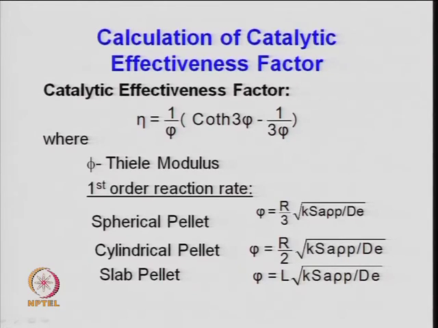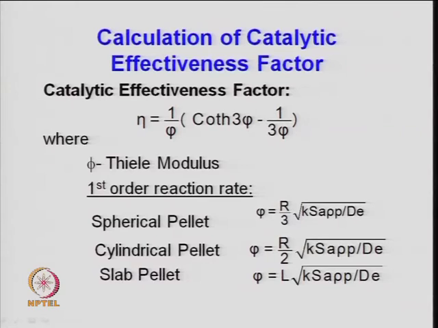Effectiveness factor, because your expression has the effectiveness factor. That is also equally important when you want to look at the design aspect. Theoretically we would like to have an effectiveness factor of 1, so no diffusion limitation at the surface of the catalyst, or internal.